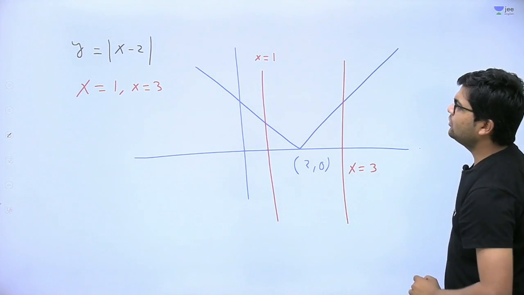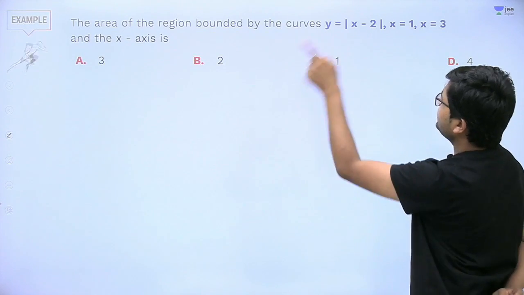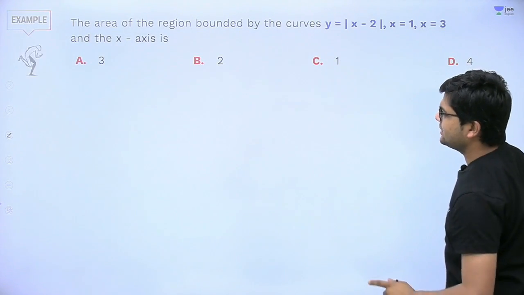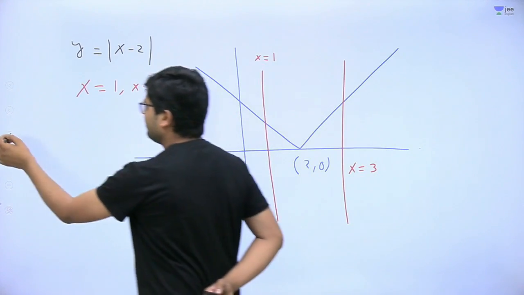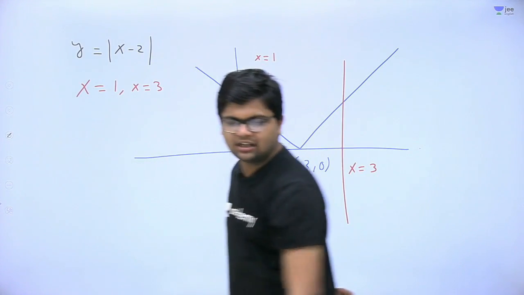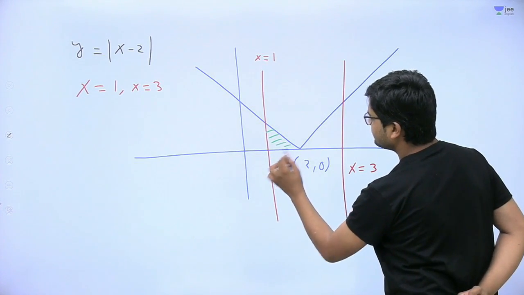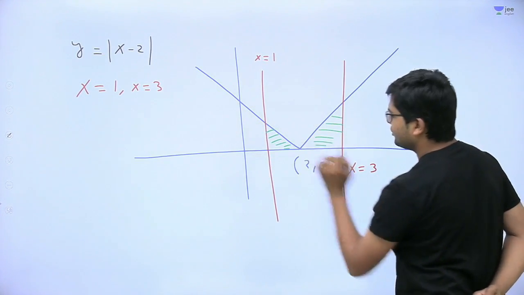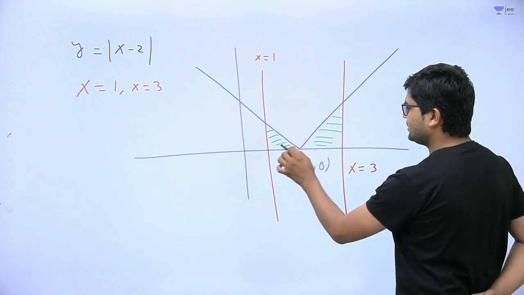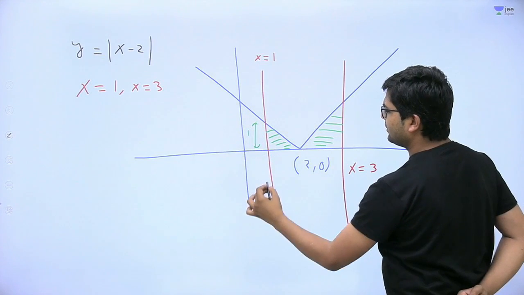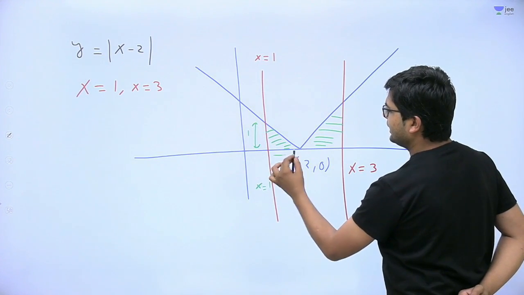Got my point? Now we need to find the area bounded by the curve and the x-axis. So the area that will be bounded by these, I am shading that area, that will be this one and this one. Very fundamental area. Now these two figures are triangles. This height will come out to be 1 because this is x equal to 1 and this will be 1.